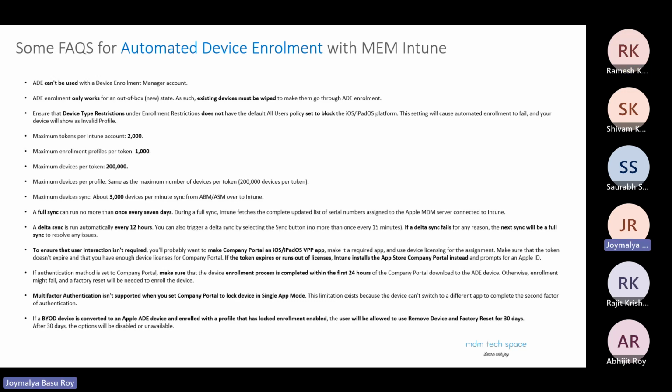Device type restriction under enrollment restriction should have all users policy not set to block. Otherwise, your automated enrollment will fail, showing an invalid profile.